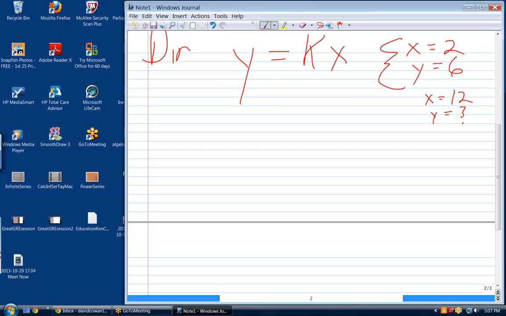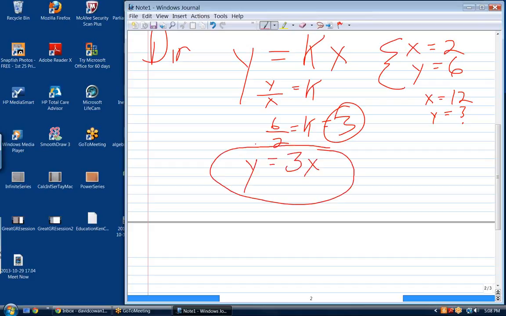If I solve for k, k is equal to y over x. Substitute y = 6, x = 2, k equals 3. So the specific equation for this particular model is y = 3x. Once you have the specific equation, then you can figure out a y for any x.